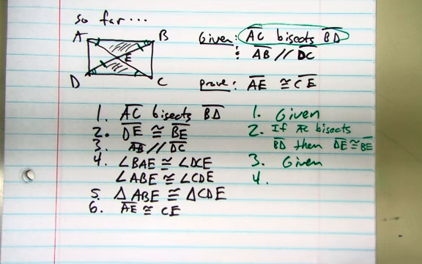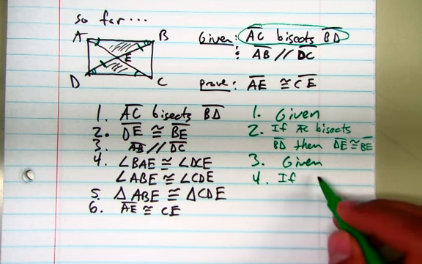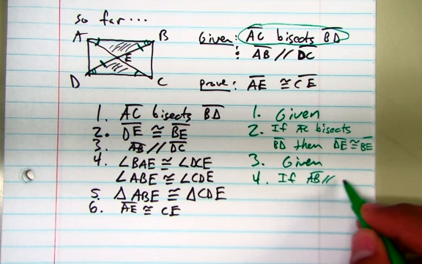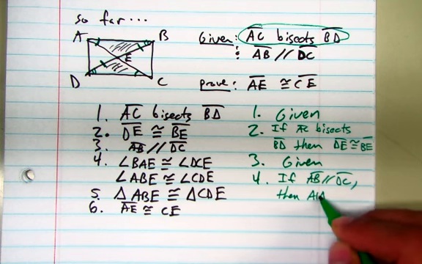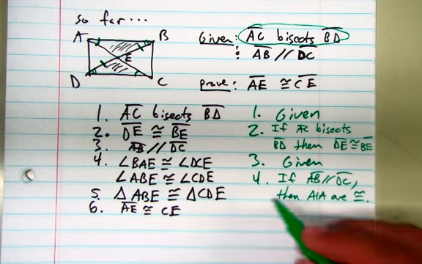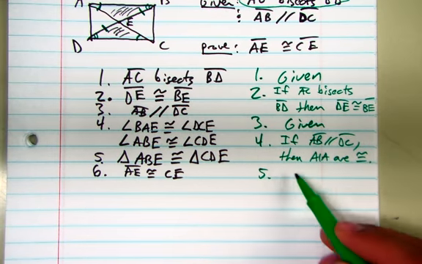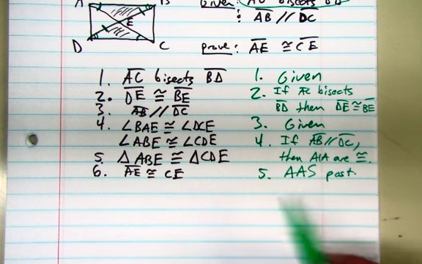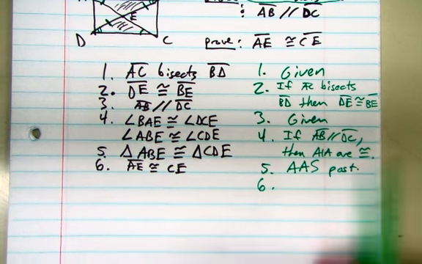Yeah, so we'll say if AB parallel to DC, then let's just say alternate interior angles are congruent, and that's good enough. And then we concluded that these two triangles are congruent by angle-angle-side postulate, which is a common geometry accepted reason for saying that triangles are congruent.